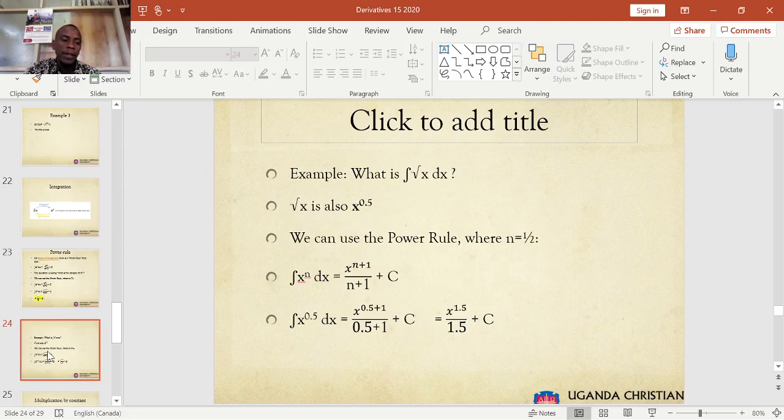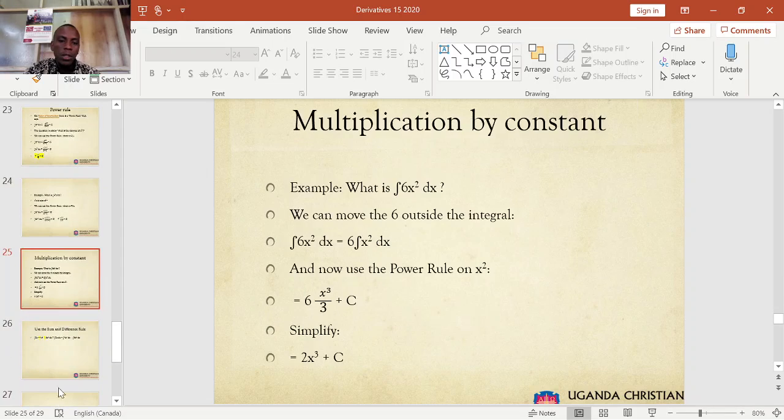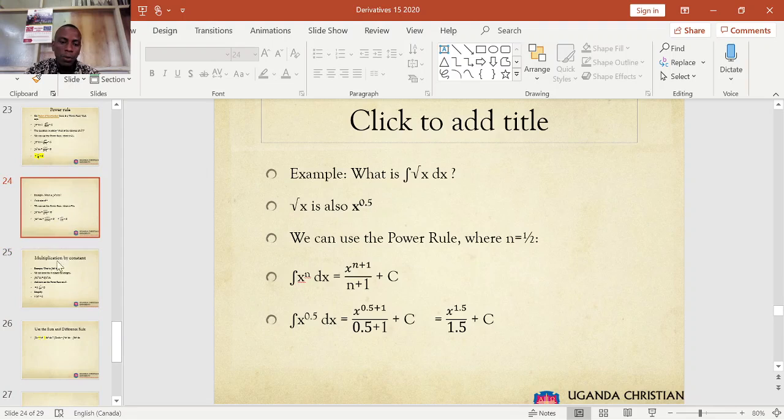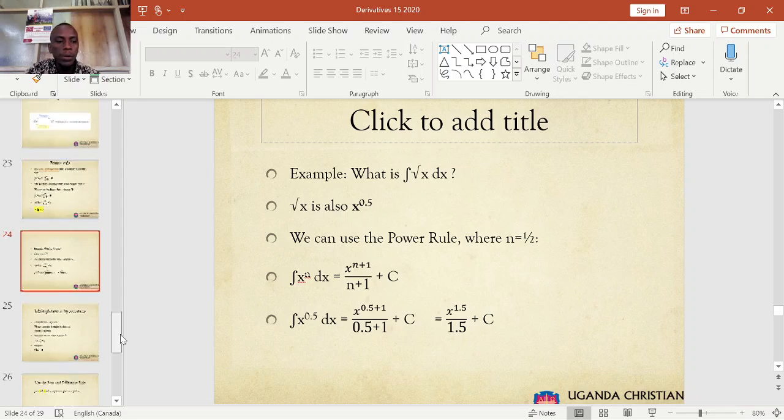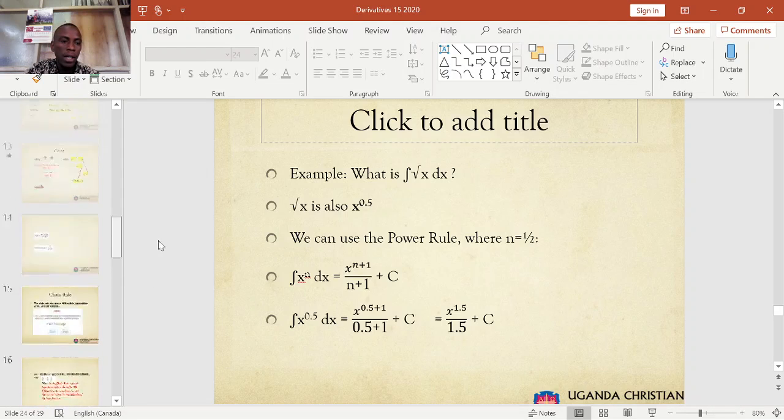Alright, before moving to any other rule, like multiplication by a constant, let me pick an example we had earlier, for which we got the derivative, and then we integrate it and see if we go back to our original answer.